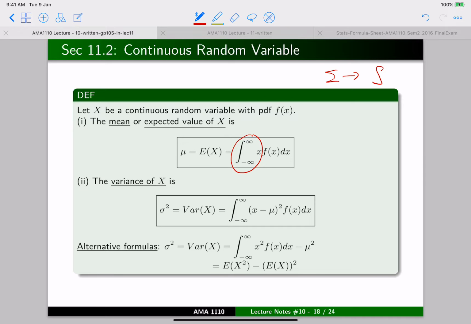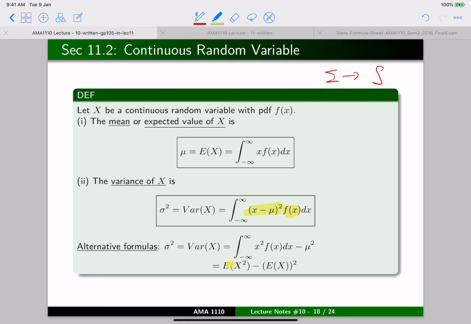But you don't need to worry about the integral. We're not going to compute any integrals in this course. Basically, it's the same thing: it's the sum of x times f of x. And the same with the variance formula: it's the sum of x minus the mean, squared, times f of x, summed over all the possible values of the continuous random variable.